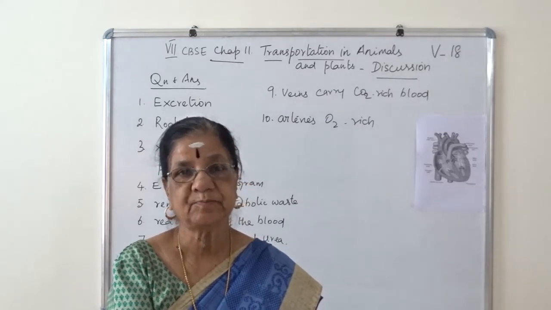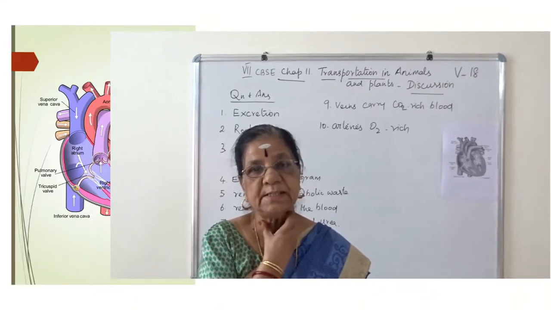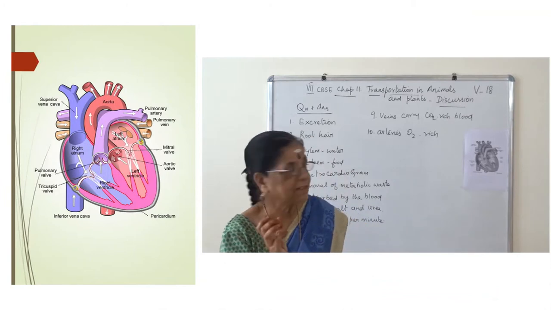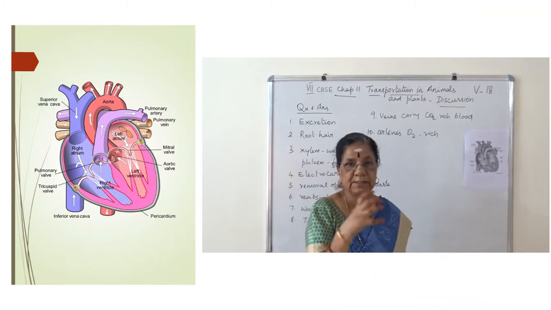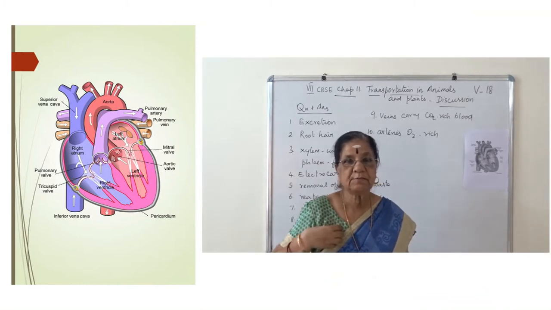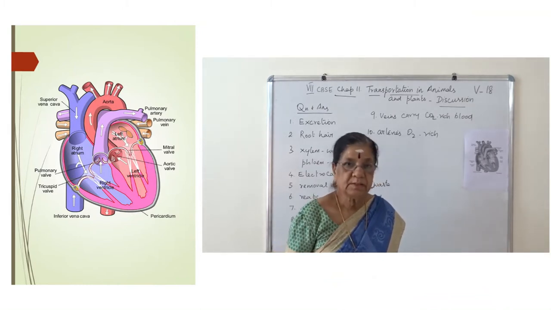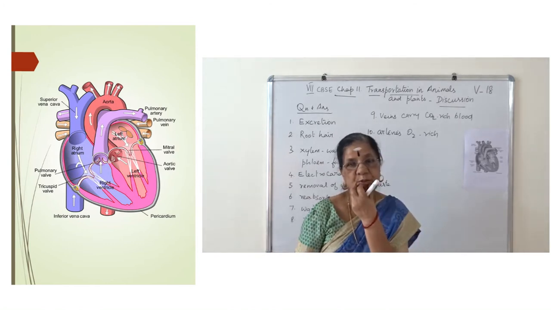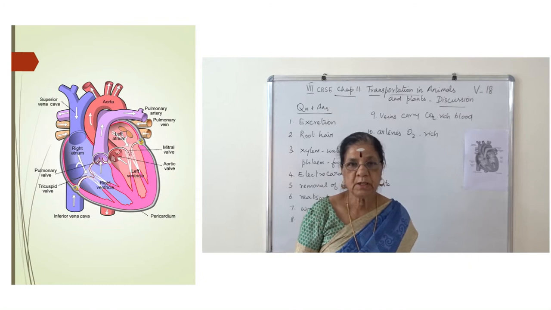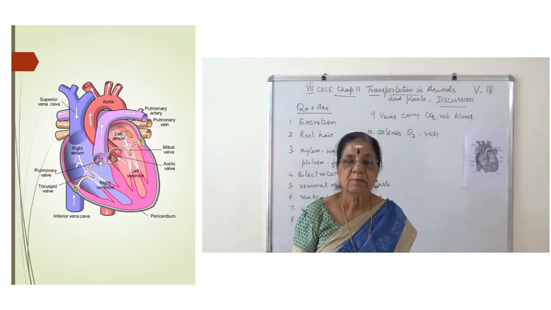through the kidney. Okay, so just as an introduction, I will recollect the structure of the heart. While doing this, you will get the human heart color diagram in the video. So, what do you know about this human heart? The human heart is formed of cardiac muscle.